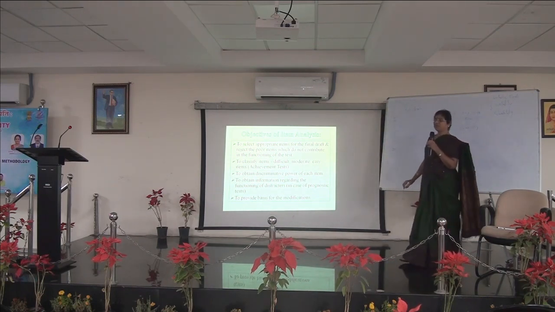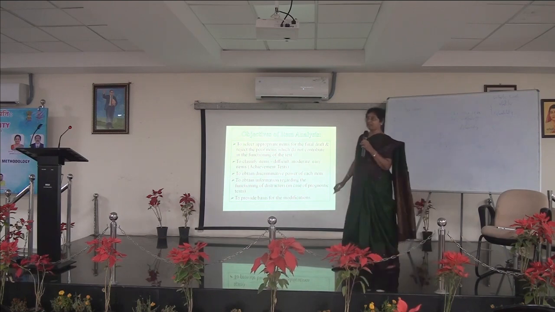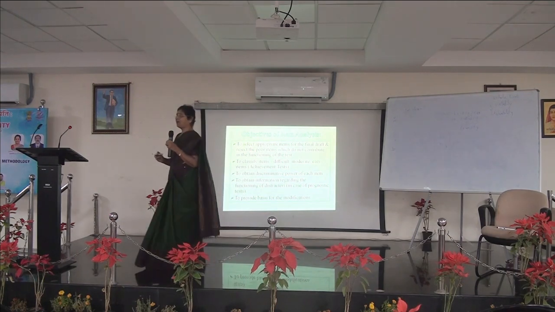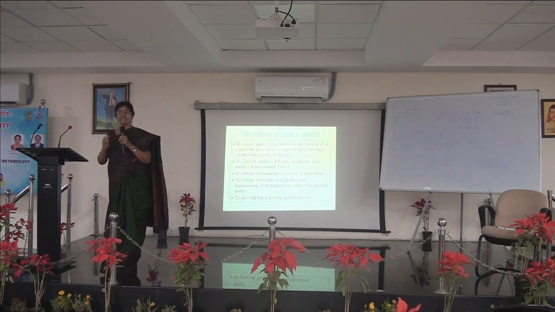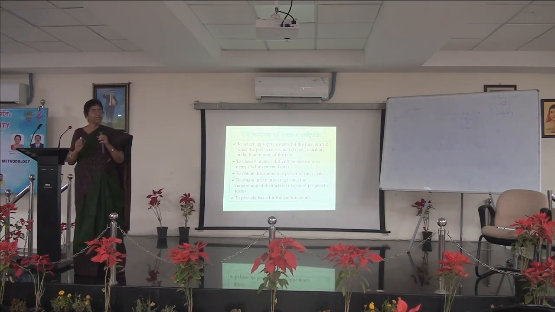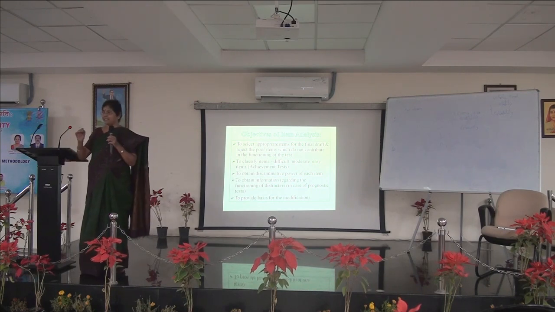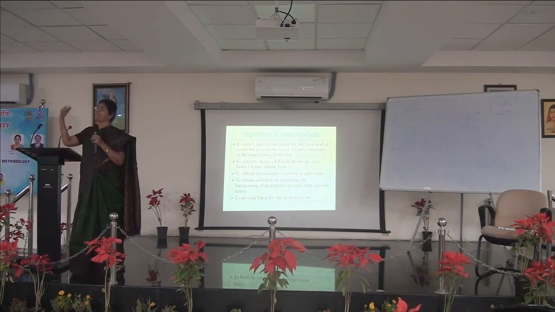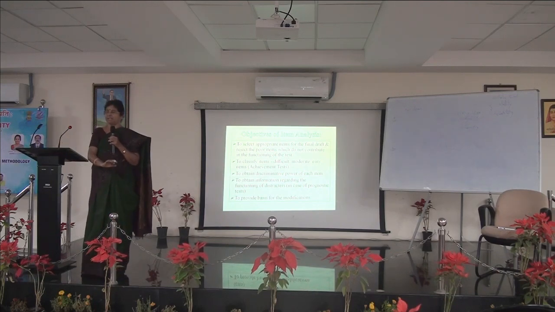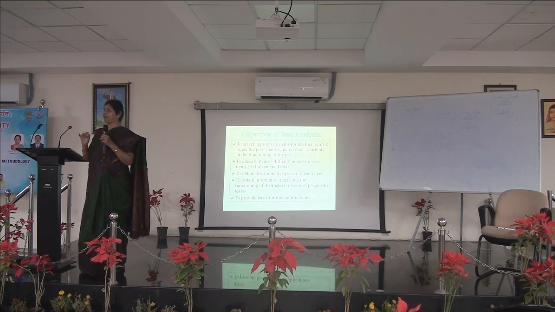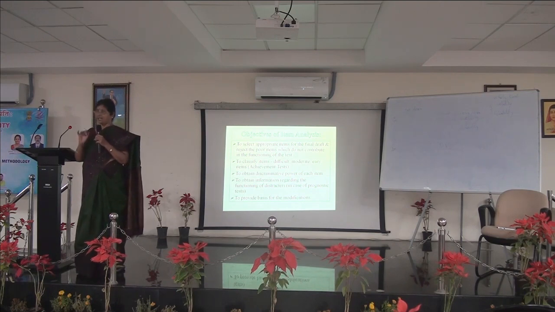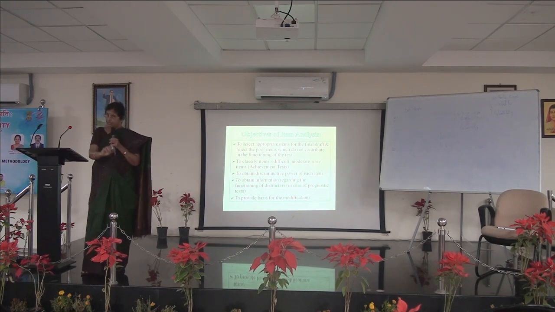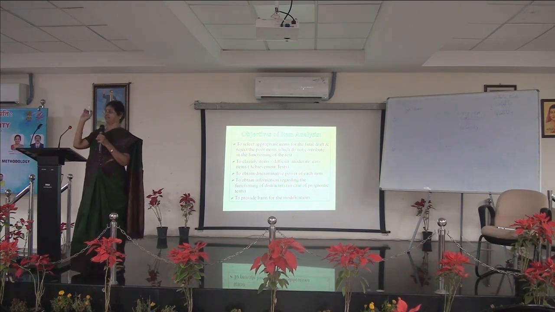DP, discriminative power. What is a discriminative power? It is the ability of the item to discriminate the high ability group from the low ability group. It is the power of the item to discriminate the high-end group from the low-end group, leaving the middle.